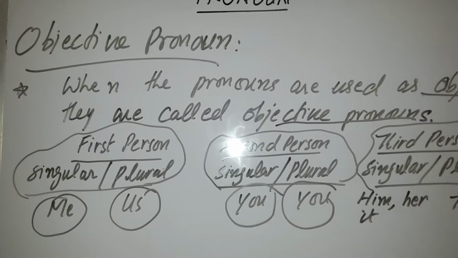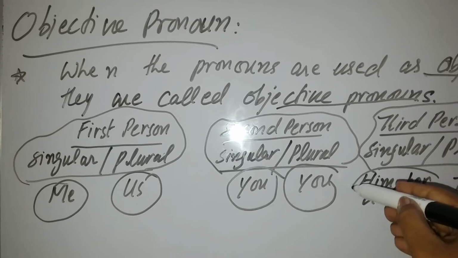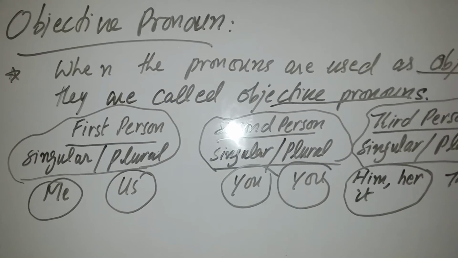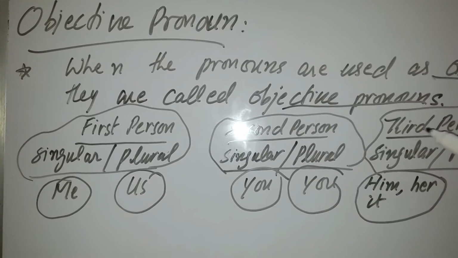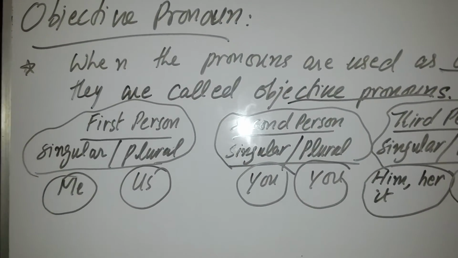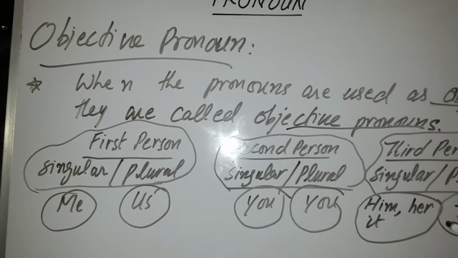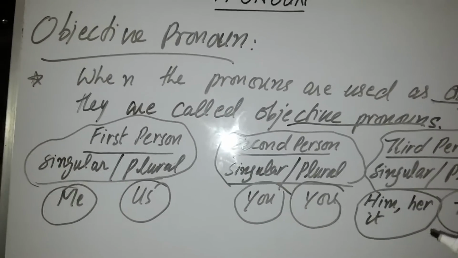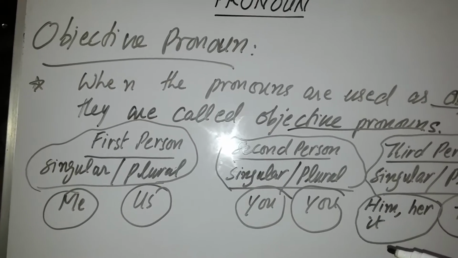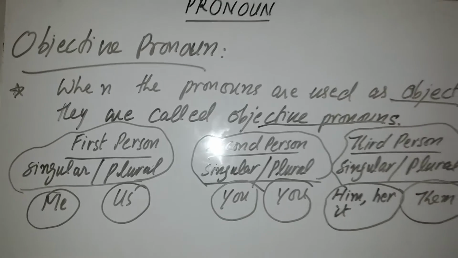Third person singular objective pronoun is him, her and it. And third person plural objective pronoun is them. These are all objective pronouns because they are used instead of an object. Now I will give you examples of these pronouns which will make everything clear.